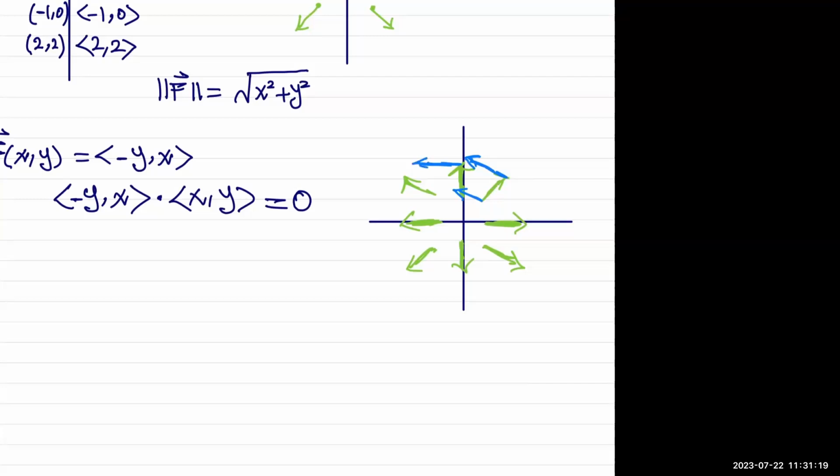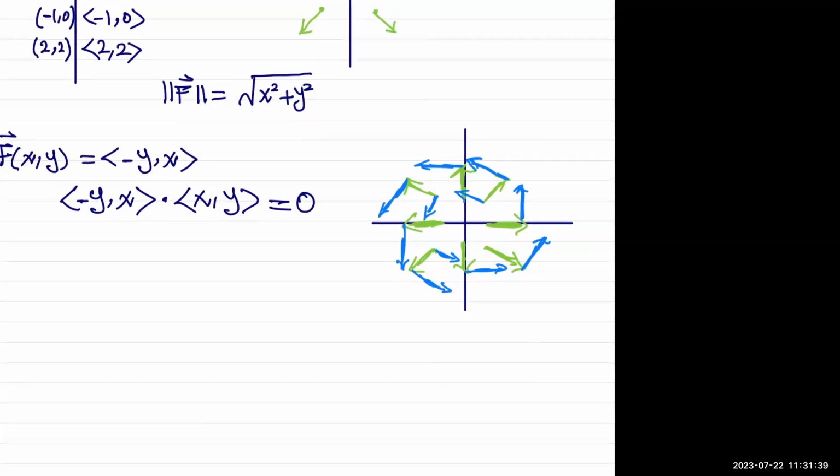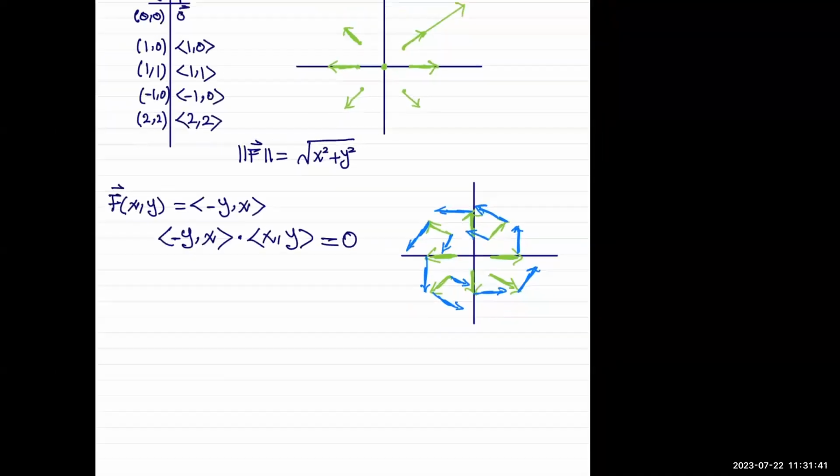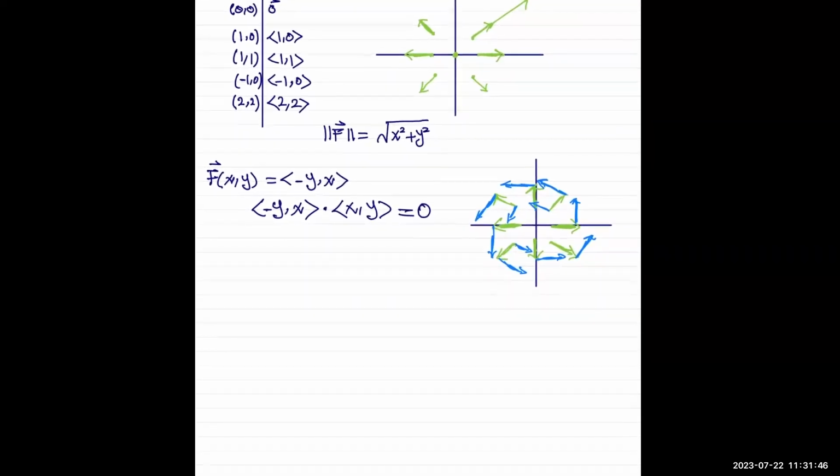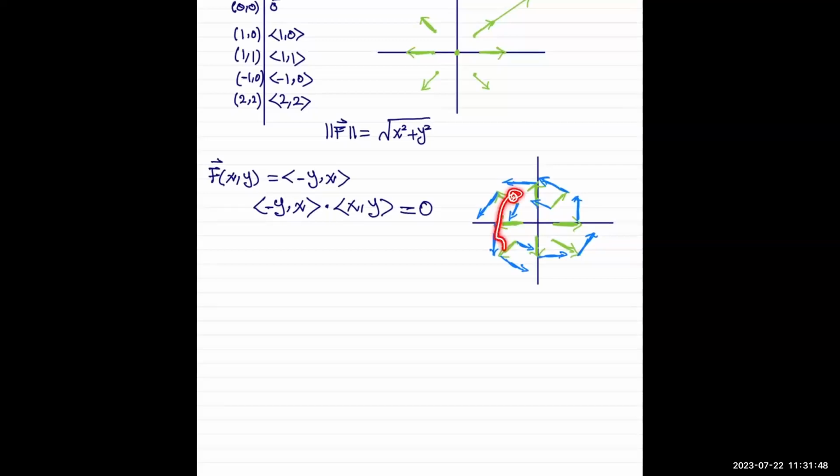So the blue vector field is the new vector field. This is an example of what they call the rotational vector field. Obviously, there is a rotation. If someone falls in, they will basically rotate until they sink.